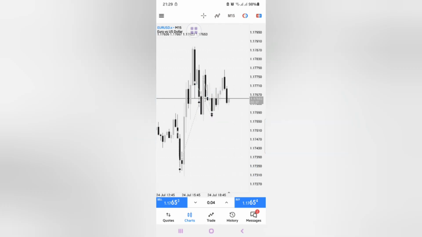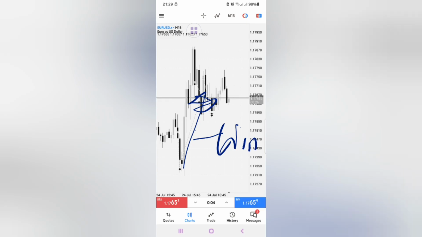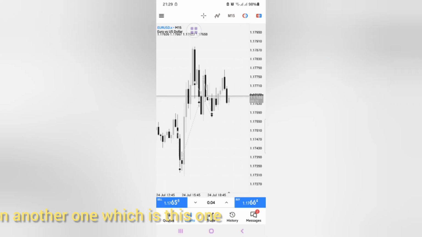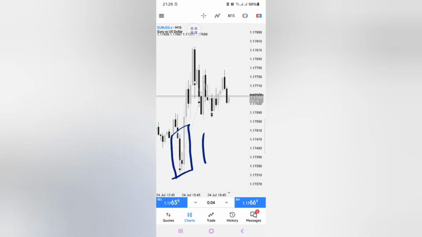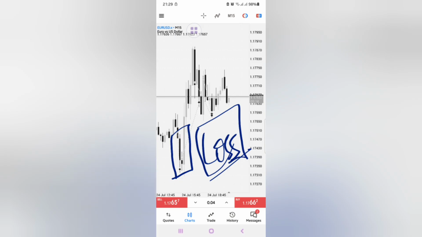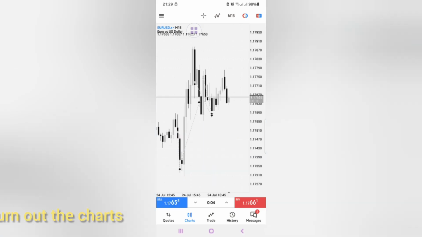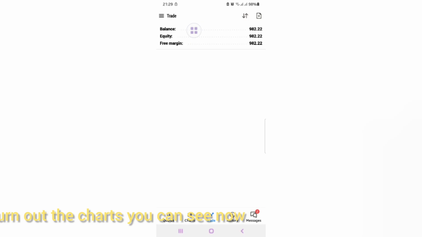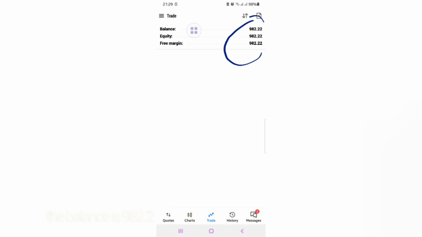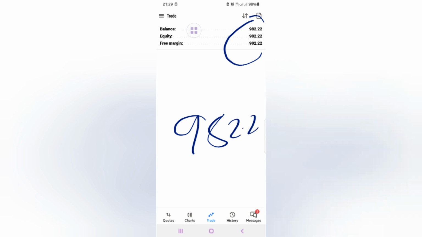Then this one was a win. Then another one, which is this one, was also a loss. So if we turn to the chart, you can see now the balance is 2.2.